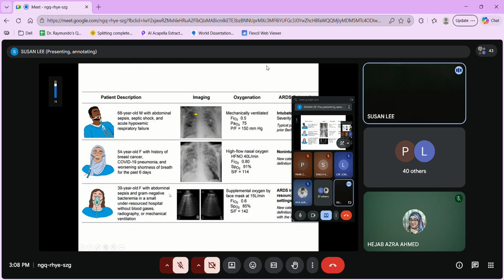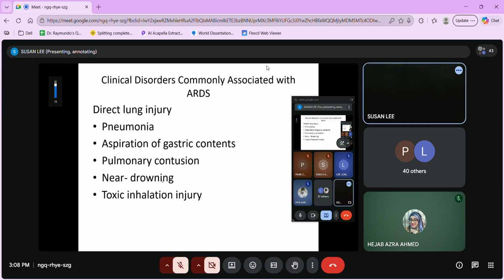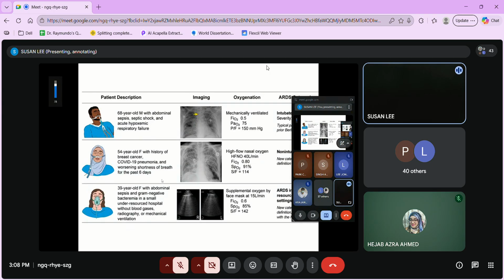So an example would be these patients who are in shock and in distress, mechanically ventilated, then it's easy to calculate their PF ratio.